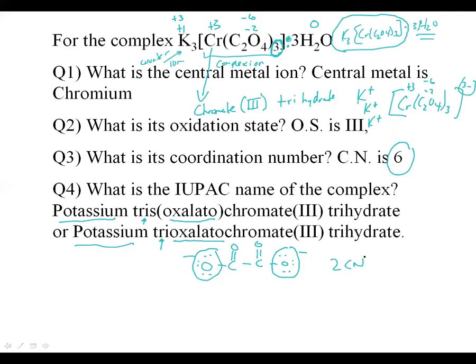And that's why here the coordination number is going to be 6. So sometimes people fall into that trap where they just look at the little number on the bottom and assume that that's going to be the coordination number. And it will be if the ligand is monodentate. But if the ligand is not monodentate, like in this case, oxalate is actually bidentate, then you will have to adjust the coordination number. Any questions on that?